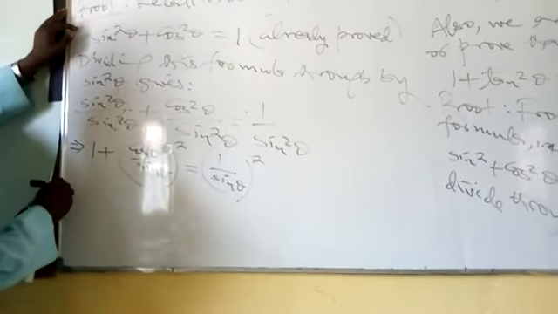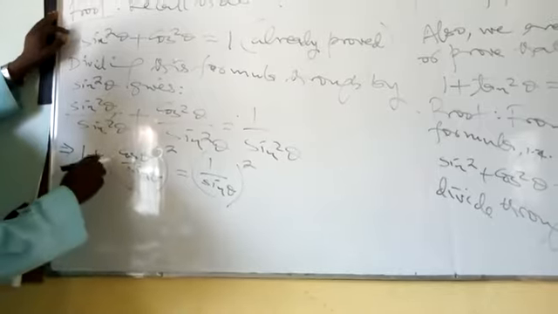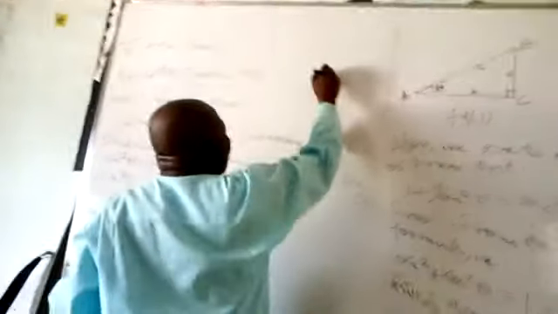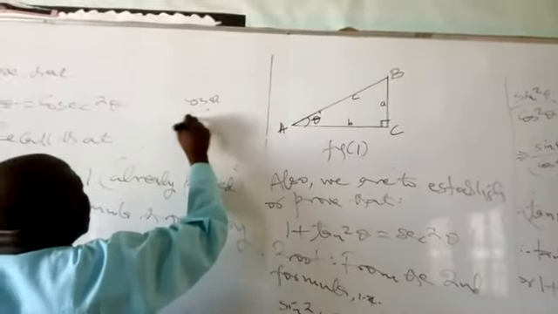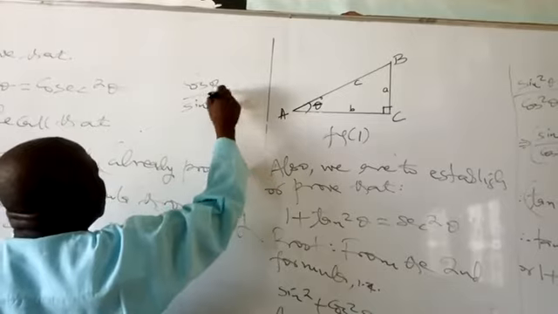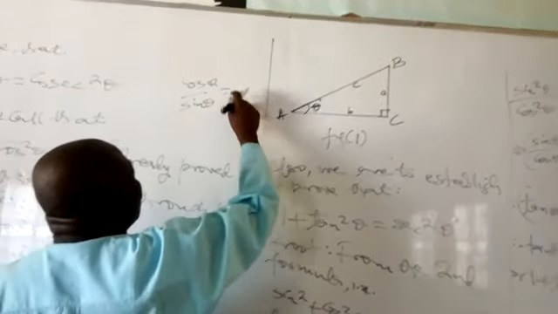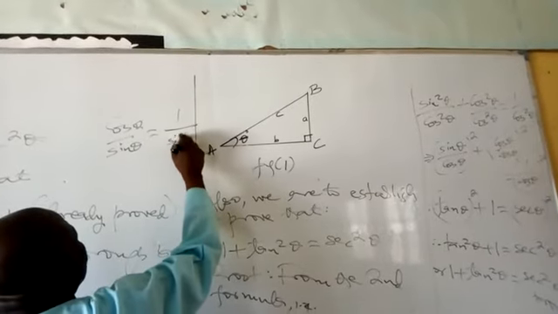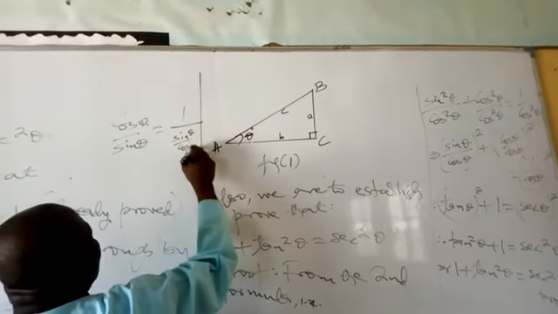Now, cos theta over sin theta is the same thing as 1 over (sin theta over cos theta).